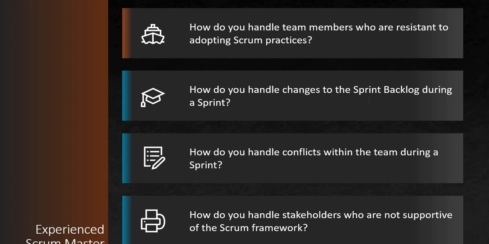I would provide them with information about the benefits of Scrum and how it helps achieve their goals. I would also work with the product owner to ensure that the stakeholders are involved in sprint review meetings to see the progress made by the team. It's important to be patient and persistent in addressing their concerns to ensure a successful transition to Scrum.